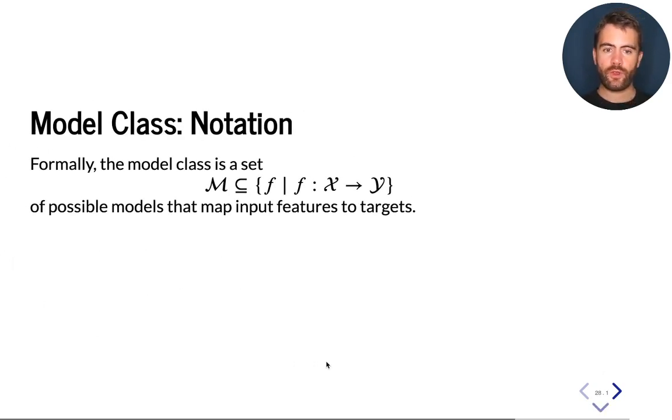Now, the model class that we consider is a subset of all the possible functions that map x to y. Again, this is the set of models among which we're going to choose the one that we will output, the one that fits our data well.